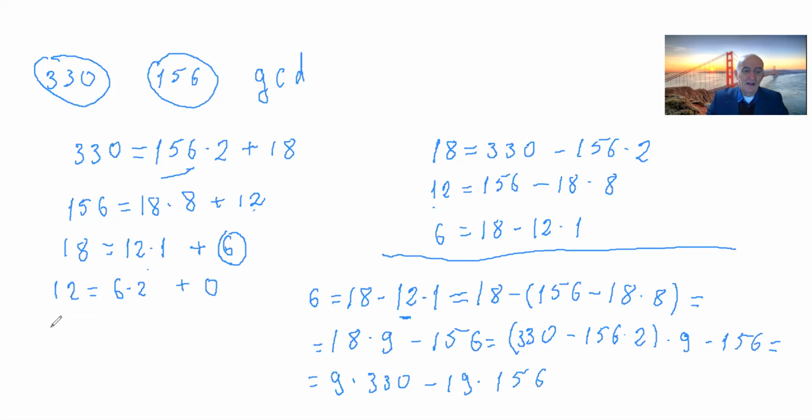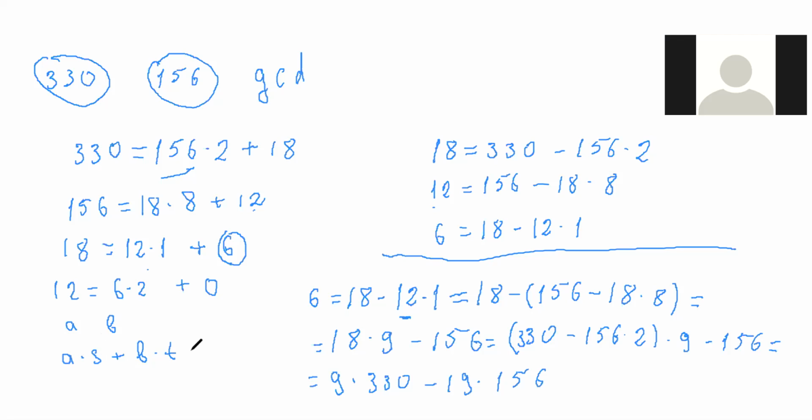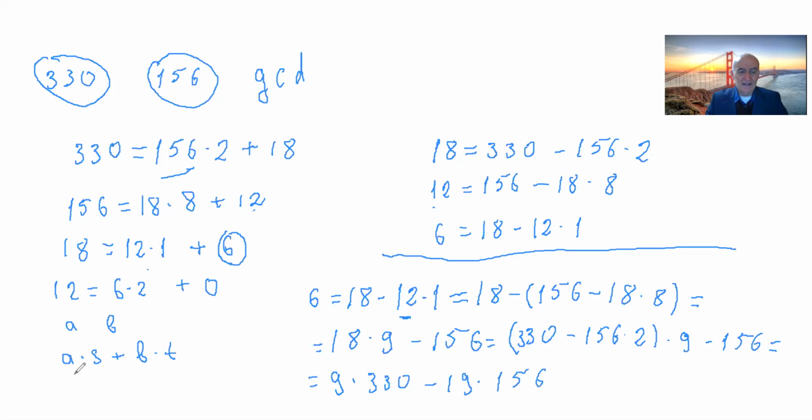To be more exact, what do we mean by a linear combination? If we have two numbers, A and B, a linear combination of these numbers is A times C plus B times T. So when we say that the greatest common divisor can be represented as a linear combination of A and B, I mean that the greatest common divisor can be represented as A times S plus B times T. And here, S and T are integers.